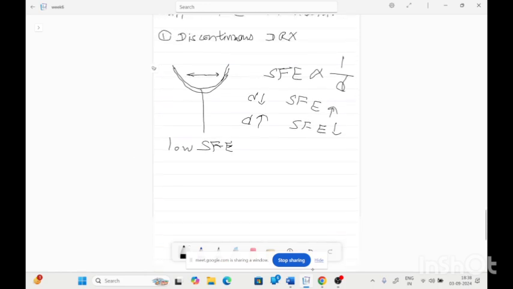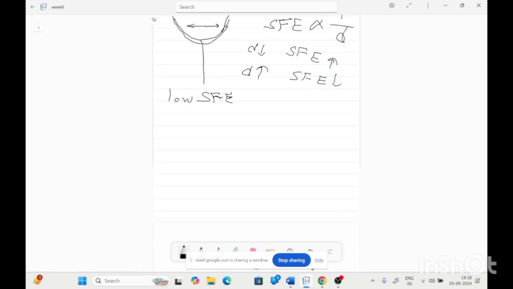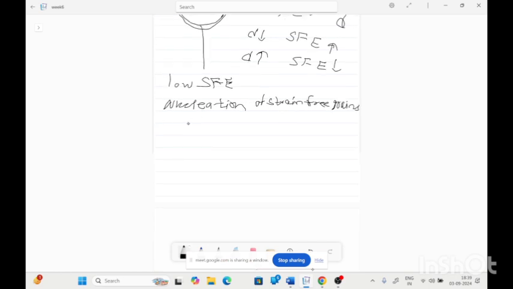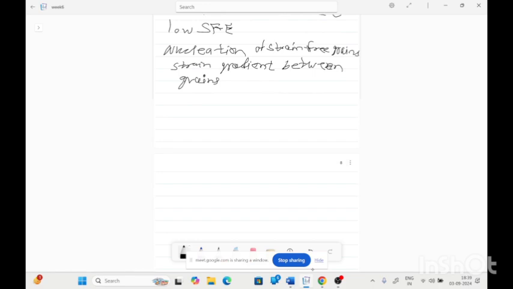This is also called DDRX. In the DDRX process, recrystallization first occurs due to the nucleation of strain-free grains during the deformation, and the strain gradient between grains.